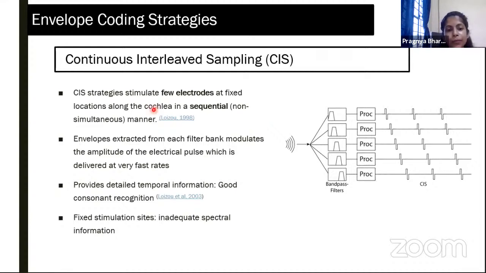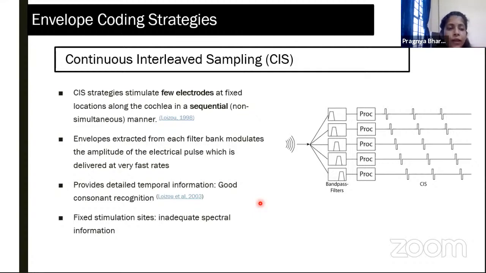Here, like I said, a fixed number of filter banks or electrodes are selected, and they are stimulated at a very high rate in a roving manner. This high stimulation rate allowed good depiction of temporal information, and that led to good consonant recognition.